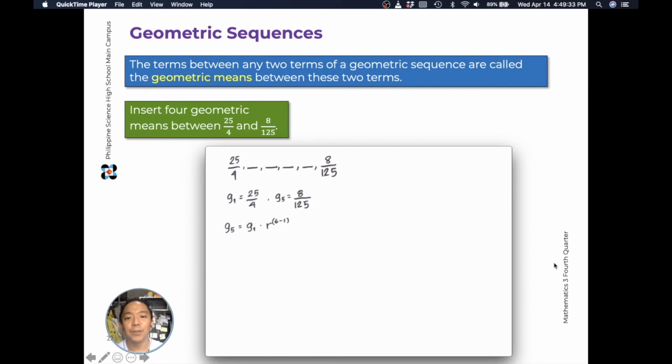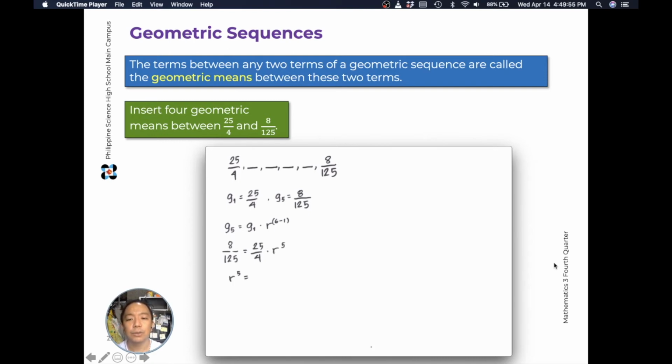At least I got the exponent right. So we'll multiply r 5 times to 25 over 4 to get 8 over 125. Substituting our variables, we have 8 over 125 equals 25 over 4 times r, we don't know what r is, raised to the 5th power.